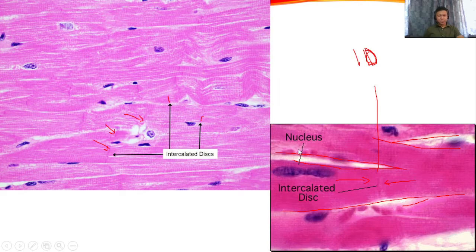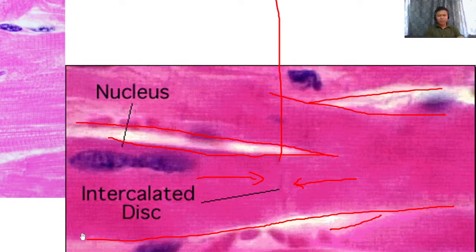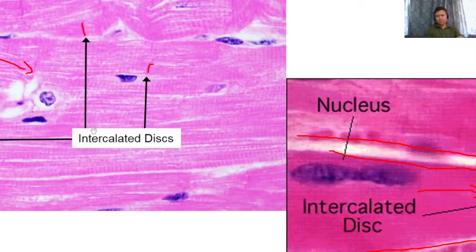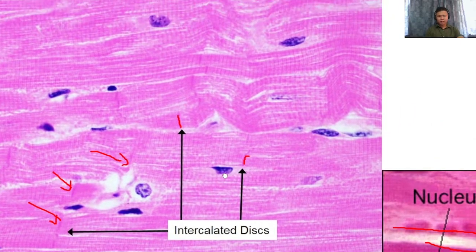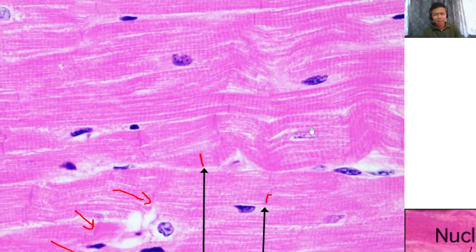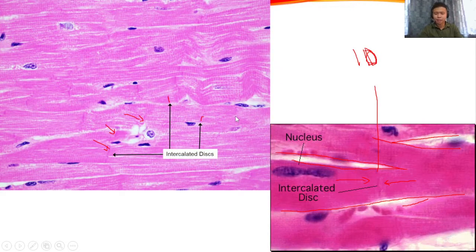They are also nucleated. As you notice, there is a nucleus within each cardiac cell. These purplish dark, or violet colored, are the appearance of the nucleus.